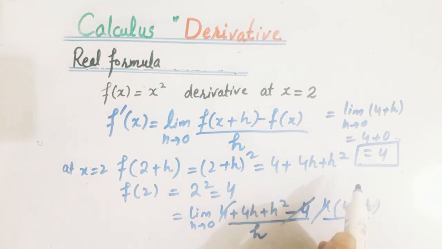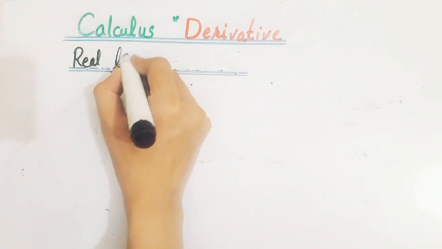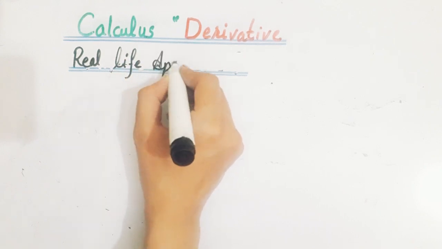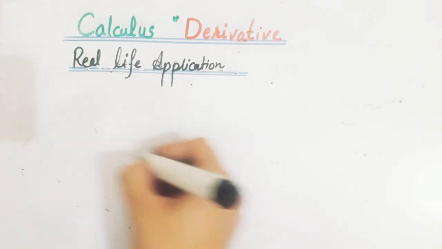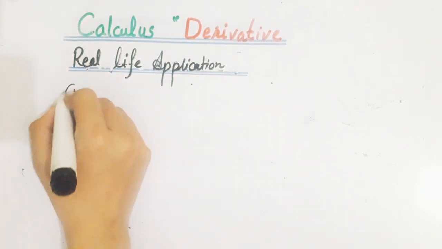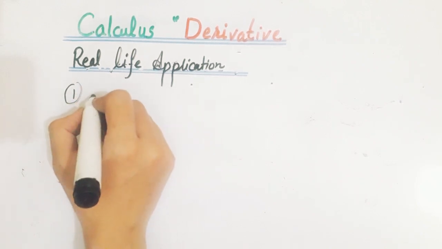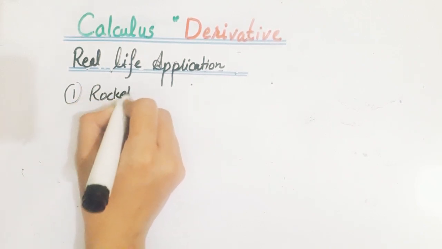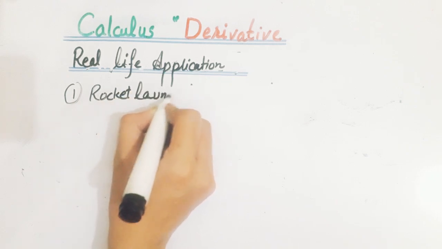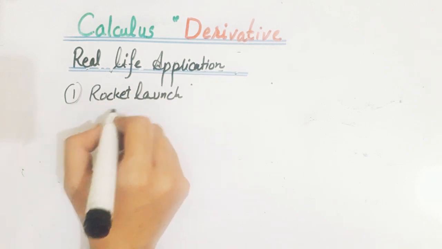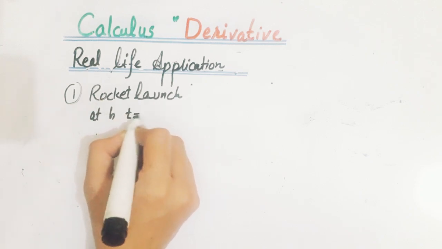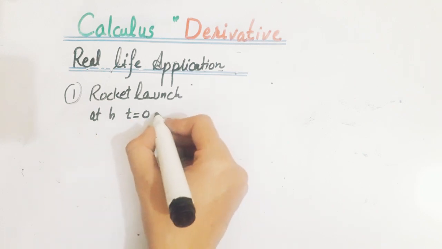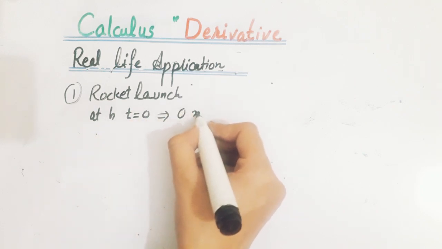Now I will tell you some real life applications. Suppose a rocket launch. At time t equals 0, it covers a distance of 0 meter.